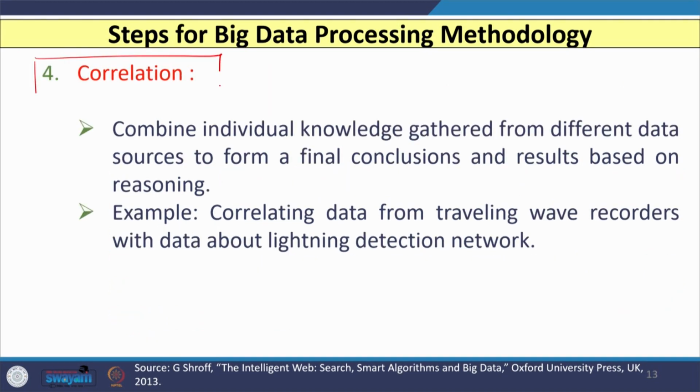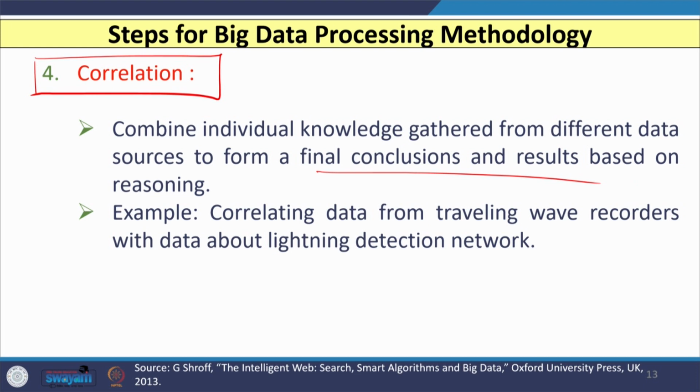The fourth step is related to the correlation. Here we need to combine the individual knowledge gathered from different data sources in the previous part, that is knowledge extraction, to form a final conclusion and results based on specific reasons.